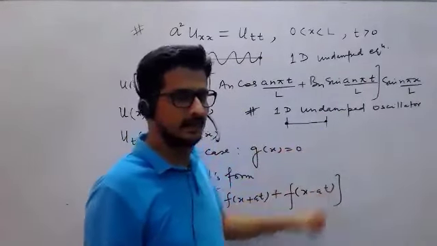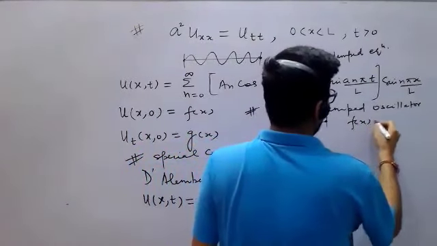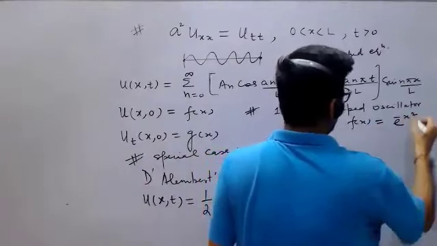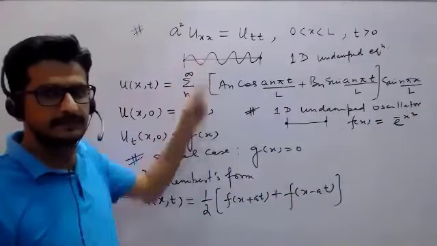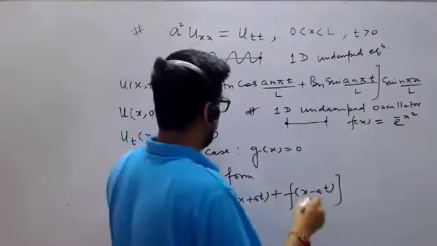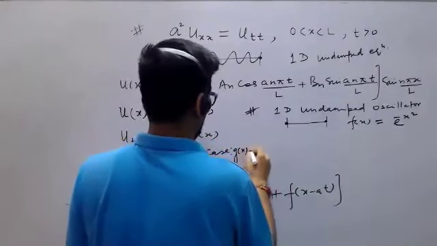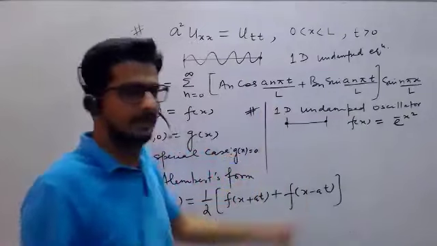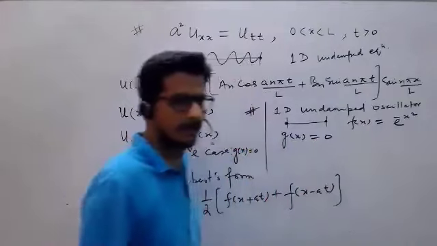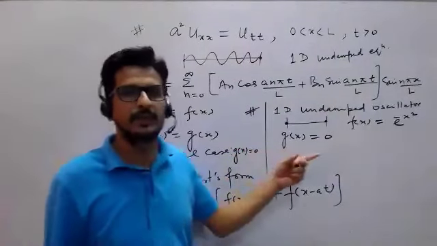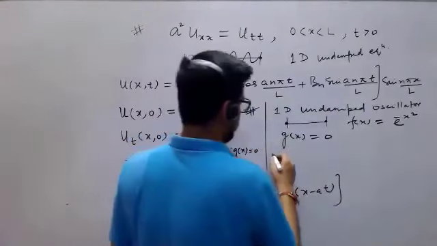With such a string, suppose the value of f of x is given, that is equal to e to the power minus x square, and this is the wave equation, and the value of g of x is given in this question to be equal to 0, and they have asked for the solution. So what will be the solution?